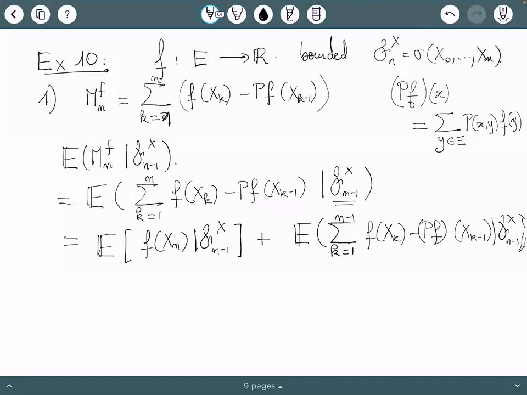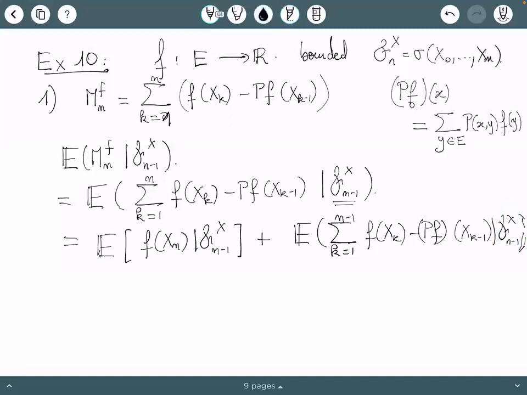Okay, now this random variable, which is here, you see depends only on x0, x1, x2, x3, up to xn minus 1. So it is measurable with respect to the sigma field until the time n minus 1.